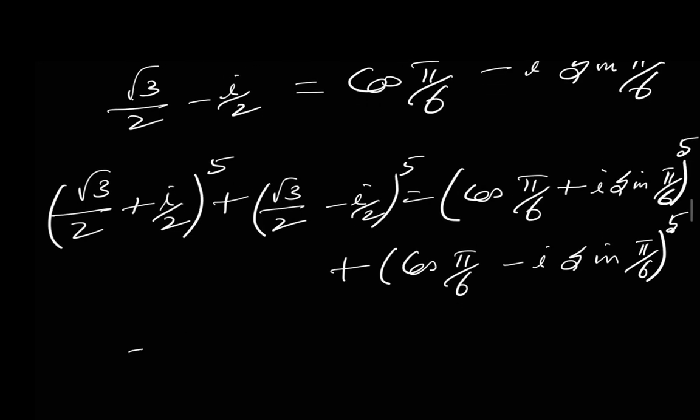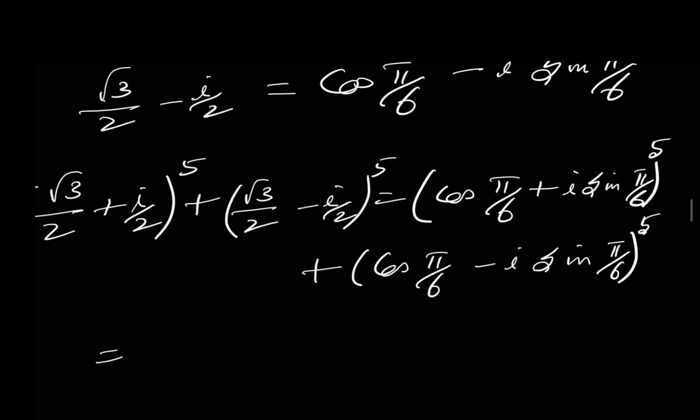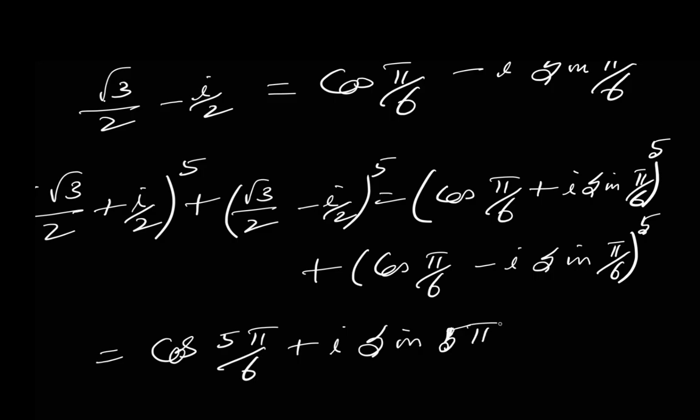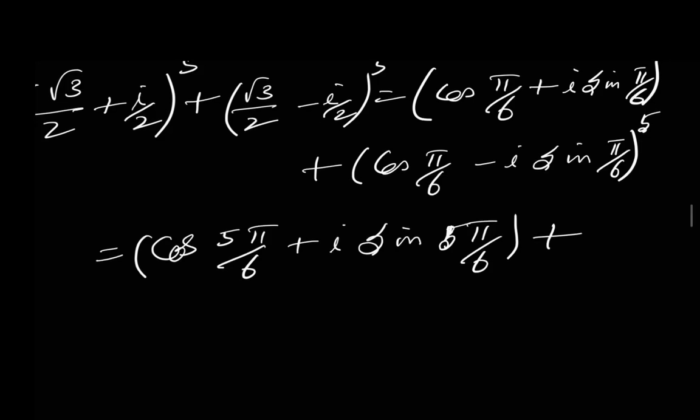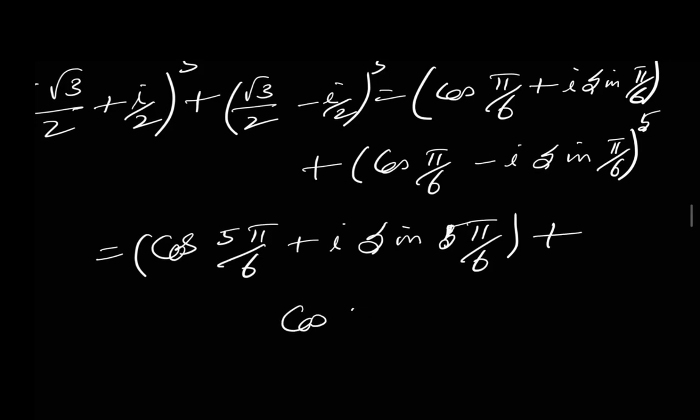According to De Moivre's theorem, I bring this index to multiply the angle: cos 5 pi by 6 plus i sin 5 pi by 6, plus cos 5 pi by 6 minus i sin 5 pi by 6.